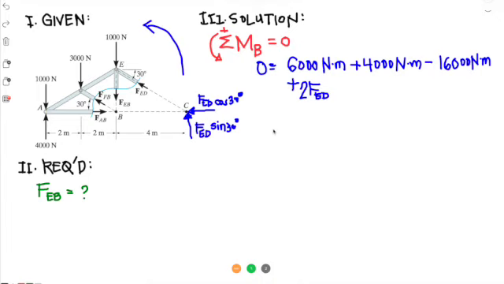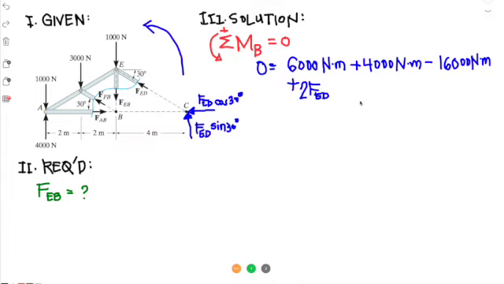Okay, so manipulating this equation, we just need to transpose all the known values on the other side. That would be positive 16,000 minus 6,000 minus 4,000. That would be 6,000 Newton meters divided by 2.